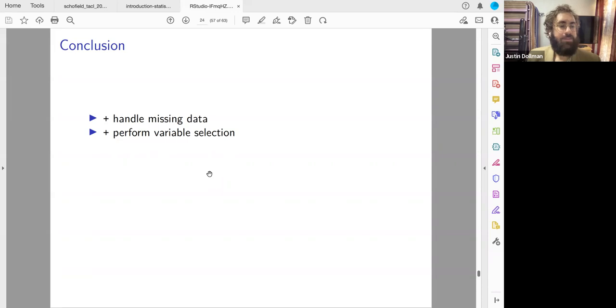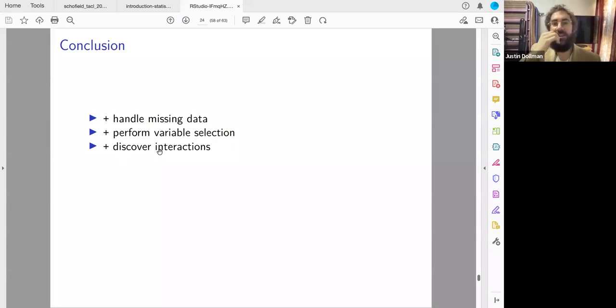Using ordinary least squares, you can't fit a model where you have more predictors than observations. And it seems very intuitive, though I could be wrong because they don't mention it, that with a tree you could fit a model that has more predictors than observations. Anyway, I thought that was an interesting point that they didn't mention.